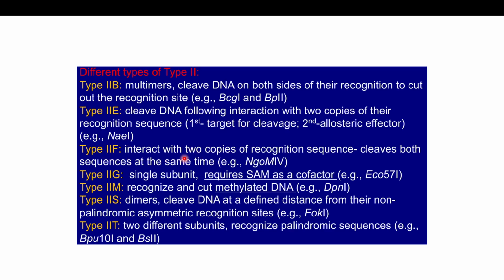But in F cases, they interact with two copies of the recognition sequence and cleave both the sequences at the same time. So in the case of linear DNA, if two cleavages are formed, two sites being cut, then there will be three fragments. And in the case of a circular DNA, there will be two fragments because two recognition sequences are there and both are being cleaved.